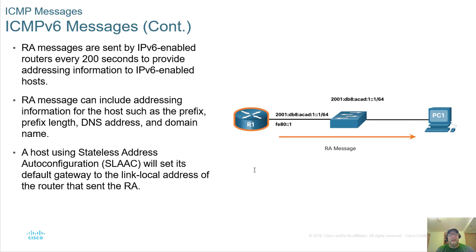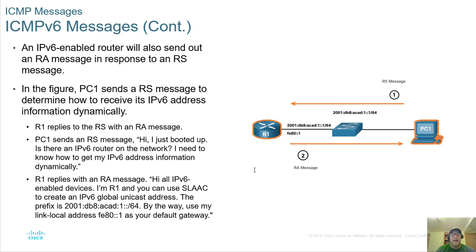This just shows that there's a push-pull mechanism with the router advertisements. The routers are going to advertise their information out onto a local area network every 200 seconds. But if you have a PC and it sends out a router solicitation, the router will answer it as it receives it. So I like to say push-pull on that.